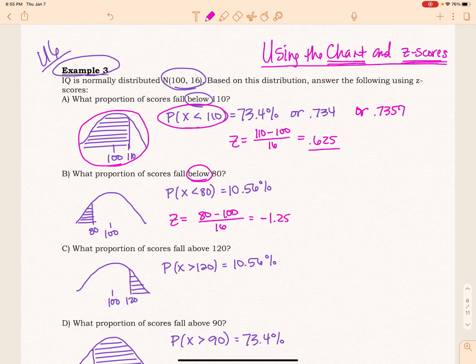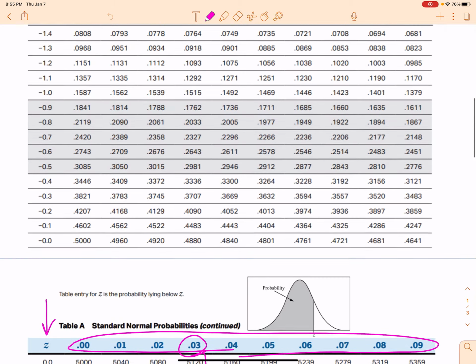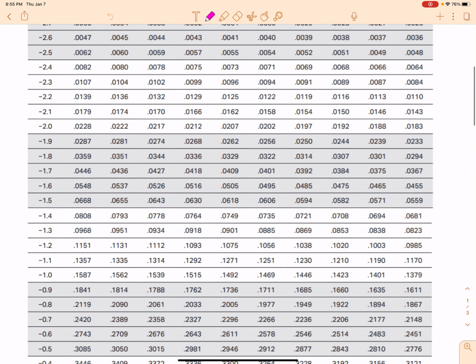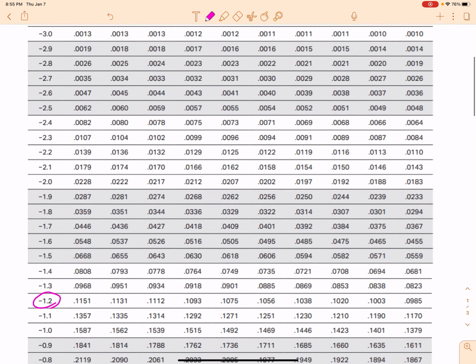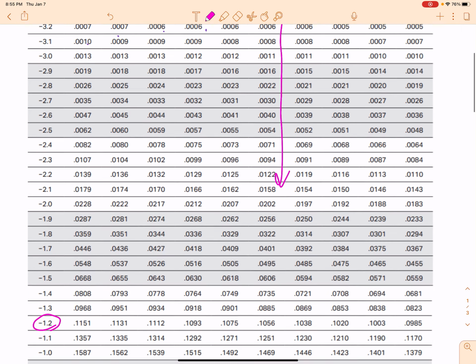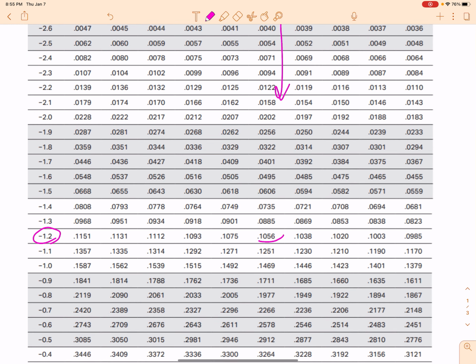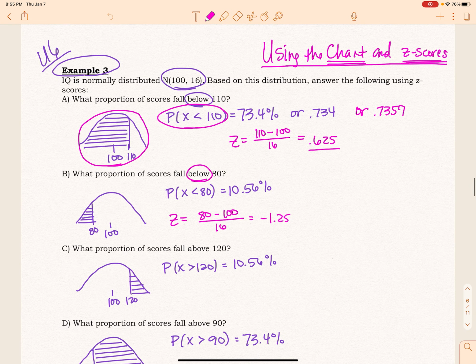So when you're looking at your chart, negative 1.2, find that. And then you're going to go over to 0.05. So I'm just going to use arrows here. It's easier that way. And that's going to be 0.1056. And look, it's the same for that one.